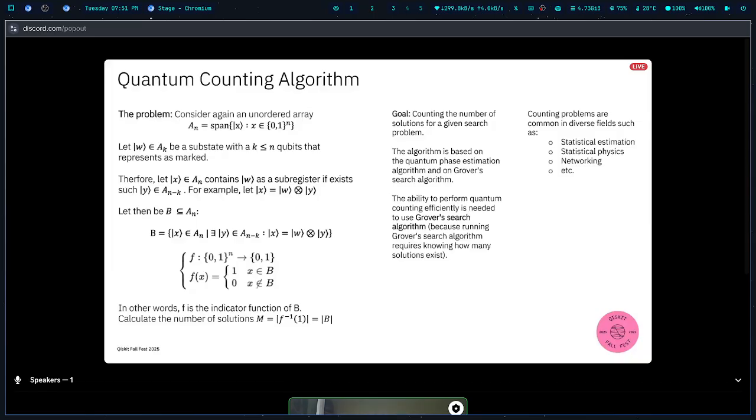Therefore, there exists an X that contains W as a subregister, and there exists such a Y. This means that if you have, for example, all these states that start with 1 in a span of all the elements that have 3 qubits, then Y will be all the elements that have 2 qubits. And that's the point. So the idea here is you connect one qubit to the other. That's the representation of it.